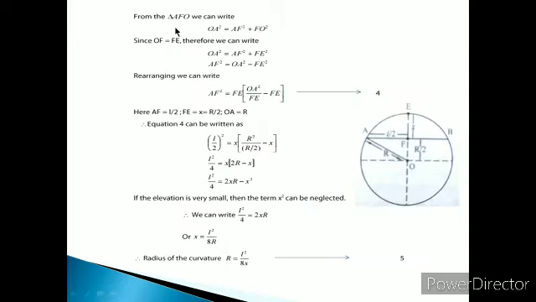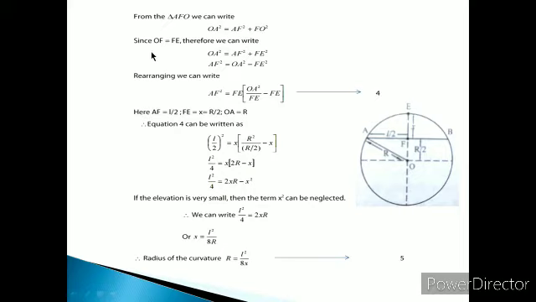From the triangle AFO, a right angle triangle, OA square is equal to AF square plus FO square. This is a simple hypotenuse square equals side square plus side square.